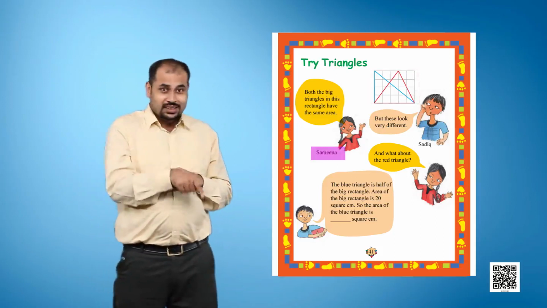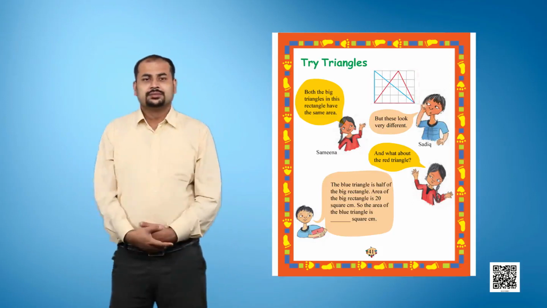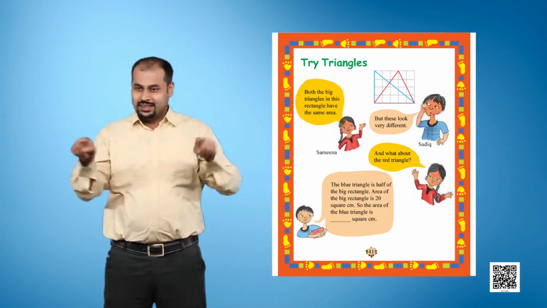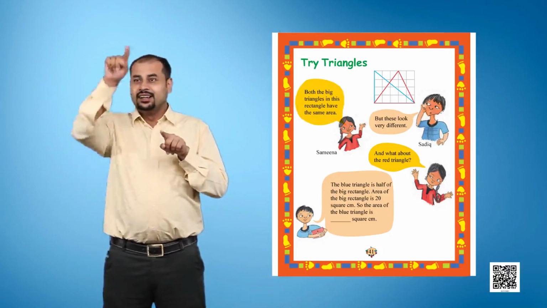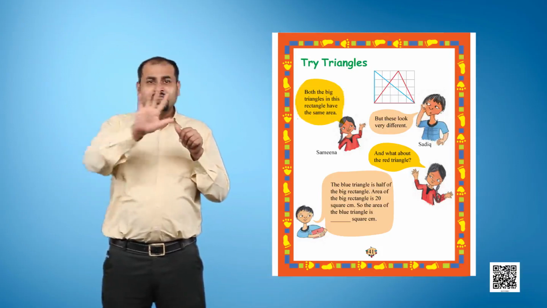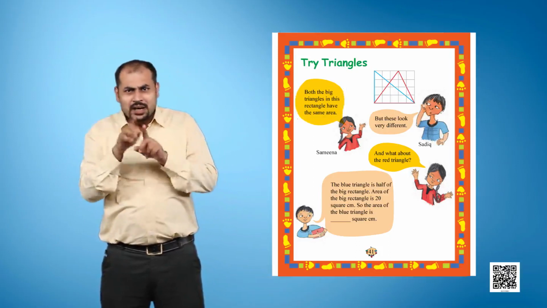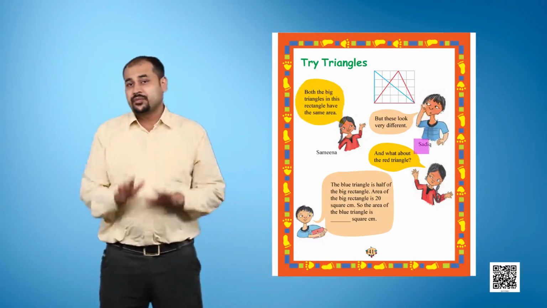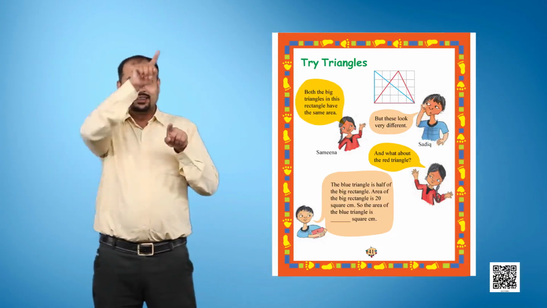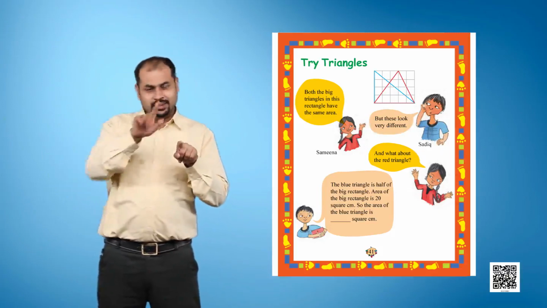Samina says, "Both the big triangles in this rectangle have the same area." Sadiq is thinking, "But these look very different."